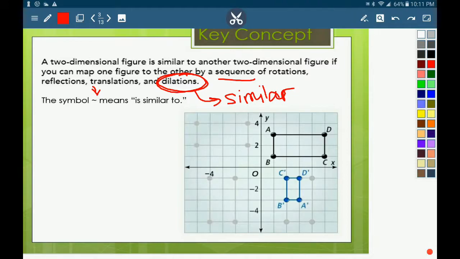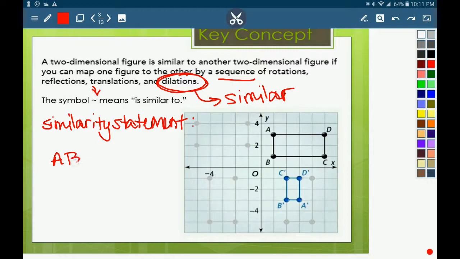So we can actually say in this diagram right here, the similarity statement, okay, similarity statement. So if a test question asks you to write a similarity statement, this would be kind of what they're looking for. We can say ABCD is similar to A prime, B prime, C prime, and D prime.